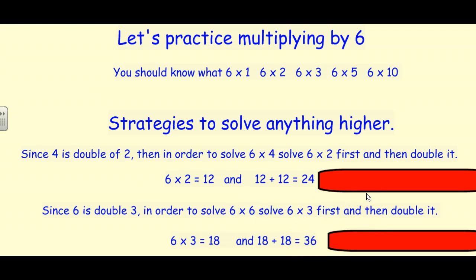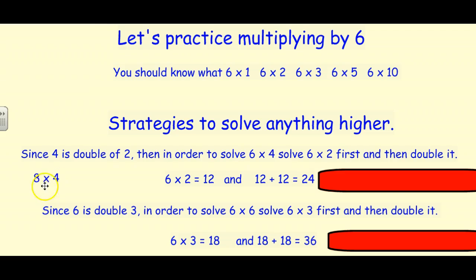So if I was working on another problem, and I'm going to write it right over here, and it was 8 times 4, I can use this strategy again. First, do 8 times 2, and then double that to figure out what the answer to 8 times 4 is. I want you to do that on your board right now and push pause while you're doing that.